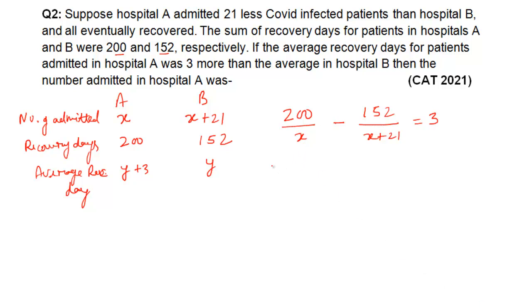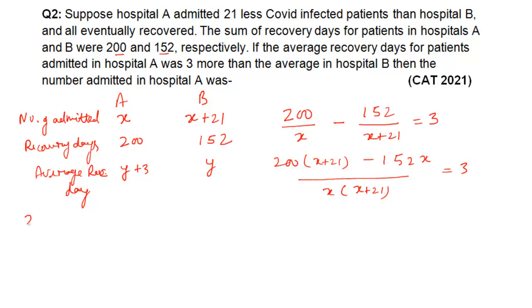So now we have to solve this. So this is x plus 21, and this will be 200 multiplied by x plus 21 minus 152x. So this will be equal to 3. Okay, so let's solve this further.